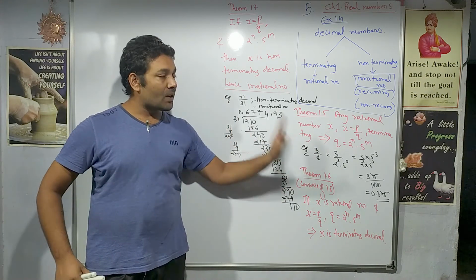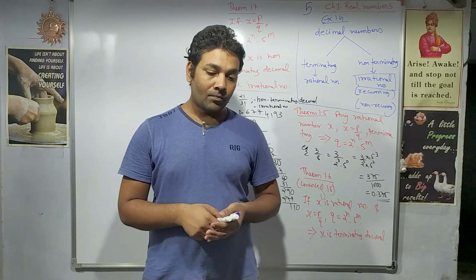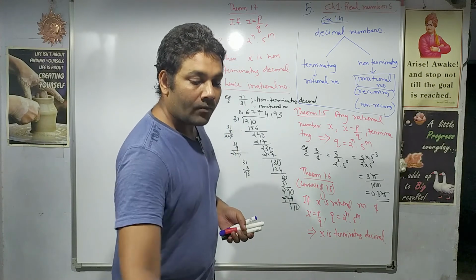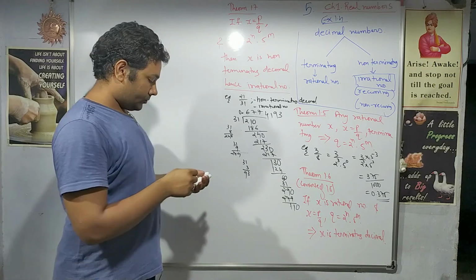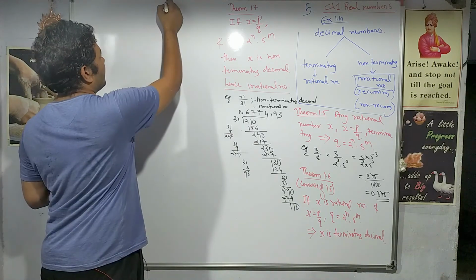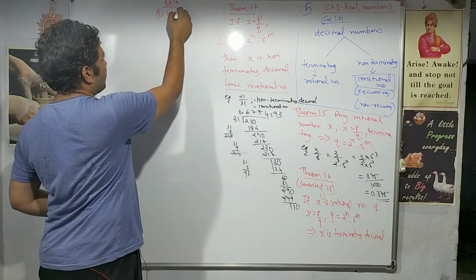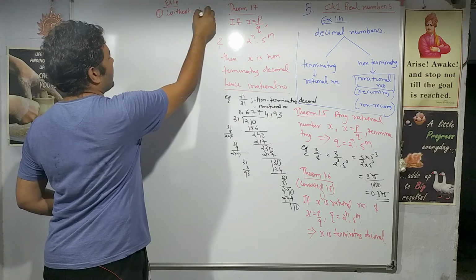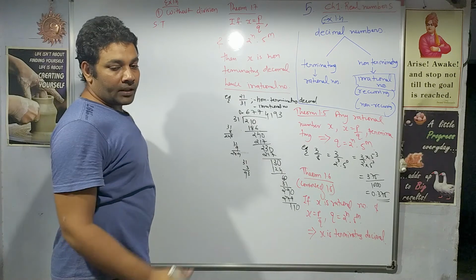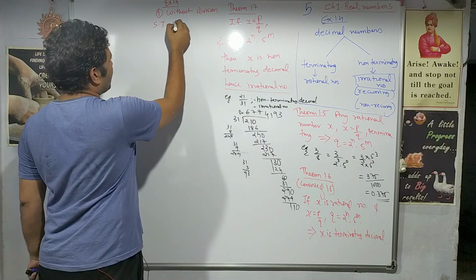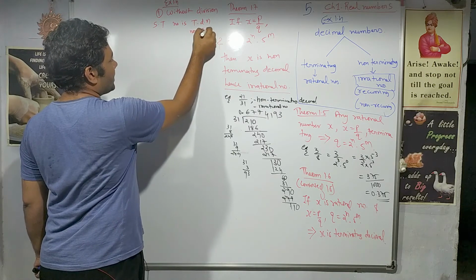So we have questions based on these theorems, right? A very simple exercise, number 1.4. The first question from exercise 1.4 is: without division, show that the number is a terminating decimal number or a non-terminating decimal number.